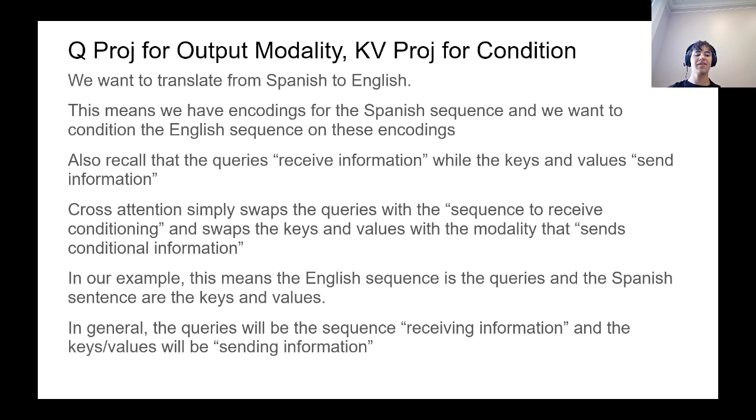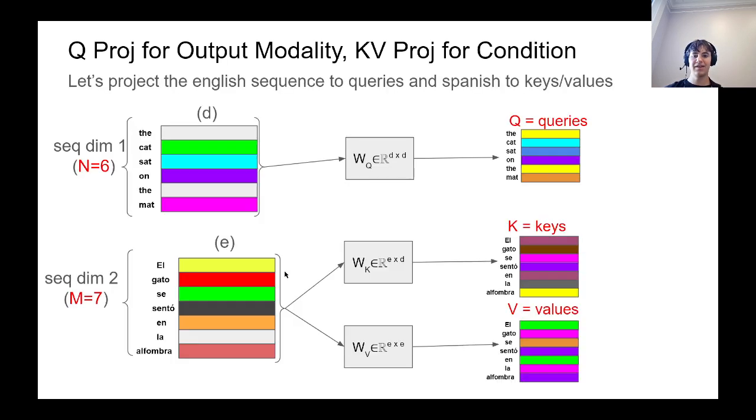That is why we define it in this way. So we're sending information via the keys and the values from the Spanish sequence to the English sequence, such that we can decode the English sequence word by word to translate the Spanish sequence. So keys and values condition the queries.